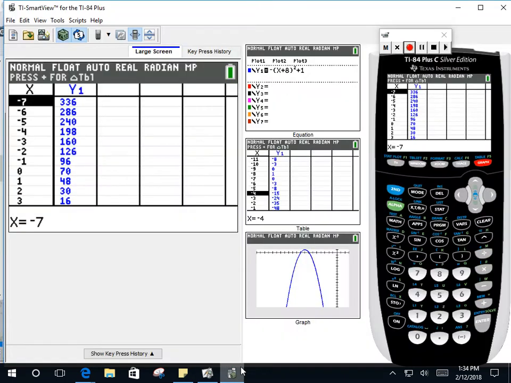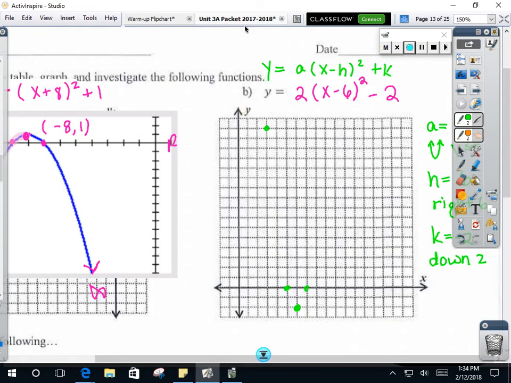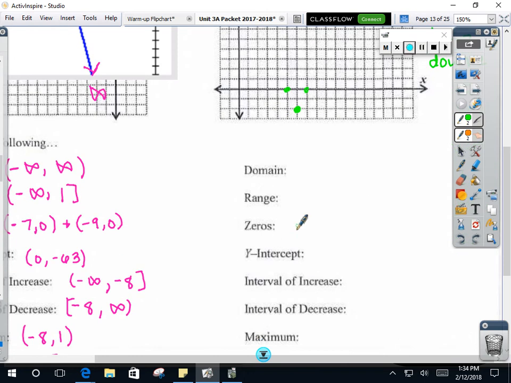Okay, then I'm not going to be able to plot the y-intercept because it's where? Correct. Look, (0, 70). That's why we can't fit the y-intercept on there because it'd be way up here. But it asks about it, so we need to go ahead and put it right there, (0, 70).